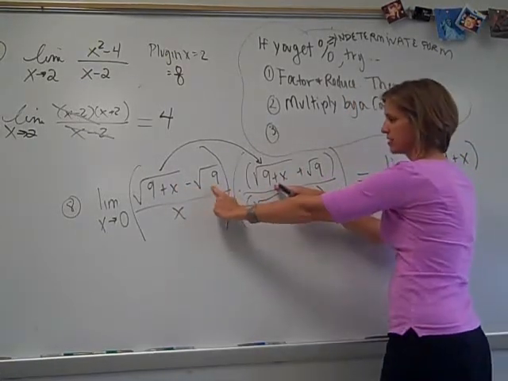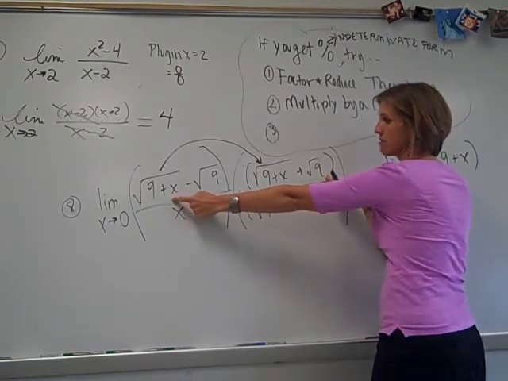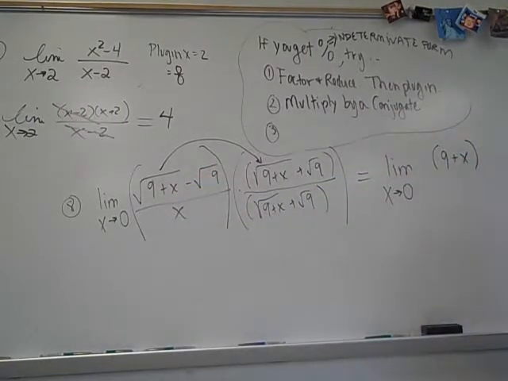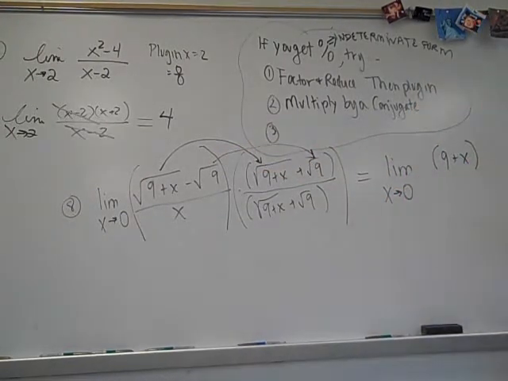Because this times this is going to be a negative of those two, and this times this will be a positive of the same thing. So the minus this and the plus this will cancel. So I never have to worry about the inners and the outers. I just have to do the lasts. So negative root 9 times positive root 9 is just a minus 9. See where I got all that?